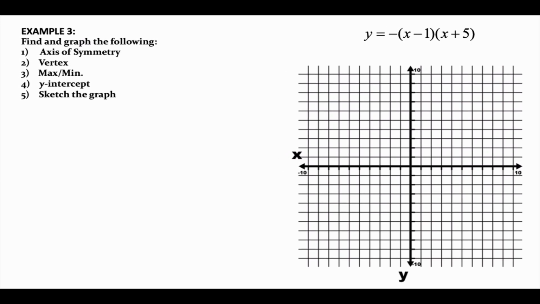So it has an A, a P, and a Q. A is always in the front. So what is A going to be for this one? -1. P and Q are not telling the truth. They're liars. So that means P is +1, Q is -5.